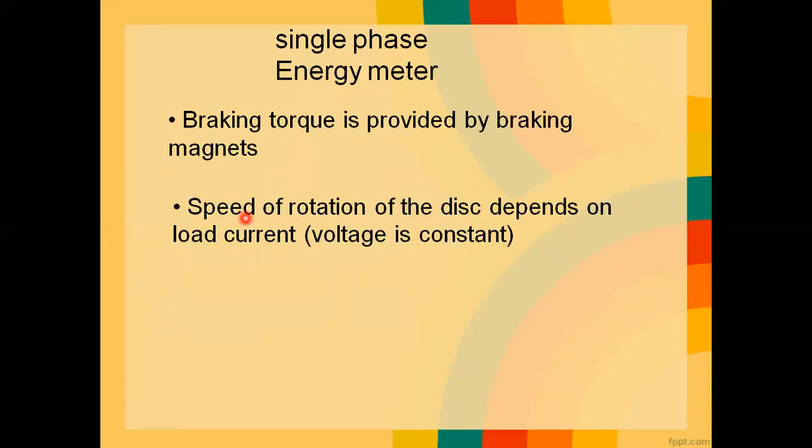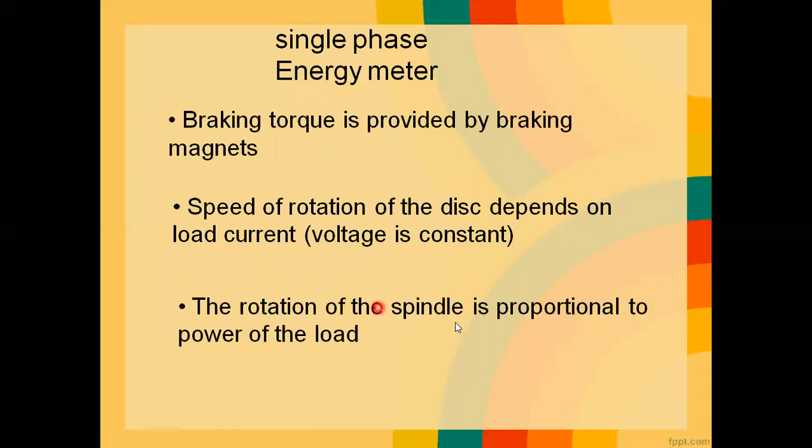The speed of rotation of the disc depends on actually the power, but because for domestic purpose or for industrial purpose, we are going to have voltage constant, hence it is directly proportional to the load current. The rotation of the spindle is proportional to the power of the load.